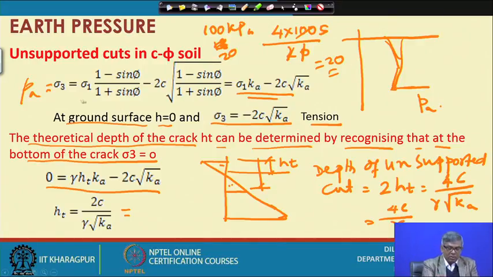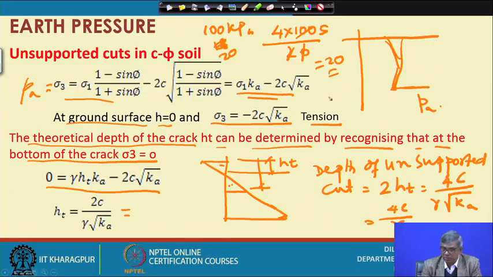Similarly, we have the expressions for P A and P P for purely granular soil and C phi soil. But if you have only a C soil, what will be the value of earth pressure?